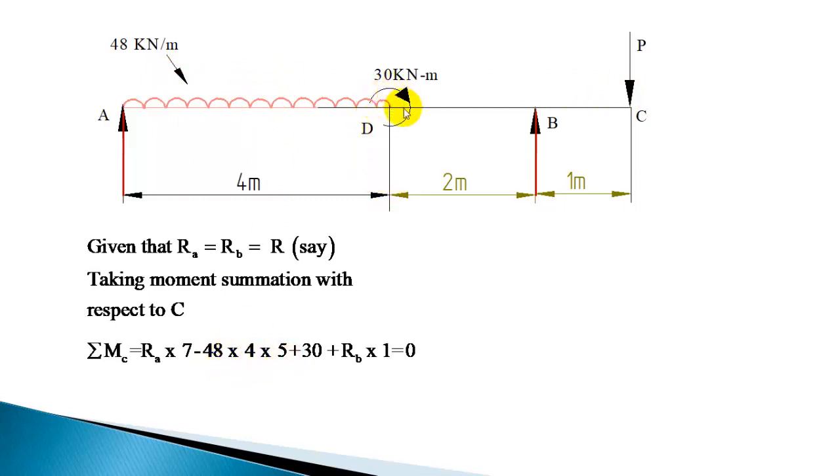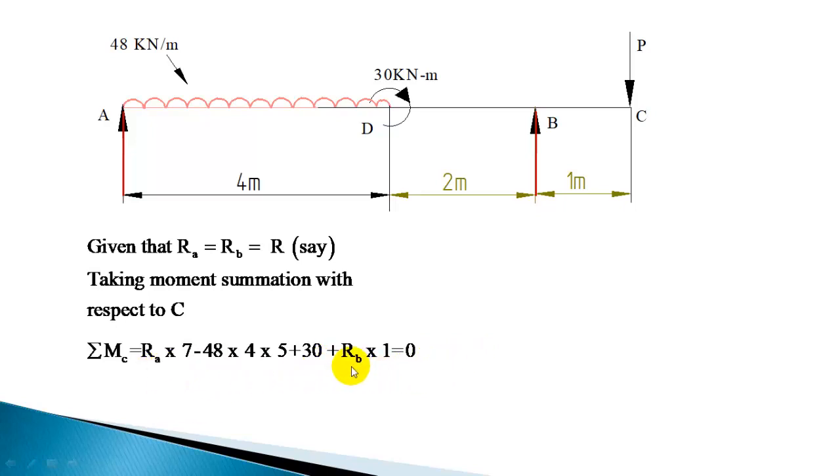This couple will produce a clockwise moment, it's 30 kN meter. Irrespective of the location of the moment center, this couple is acting clockwise, so you have to add plus 30. Now RB is producing a clockwise moment, RB into distance 1, RB into 1, and that summation is equal to 0.